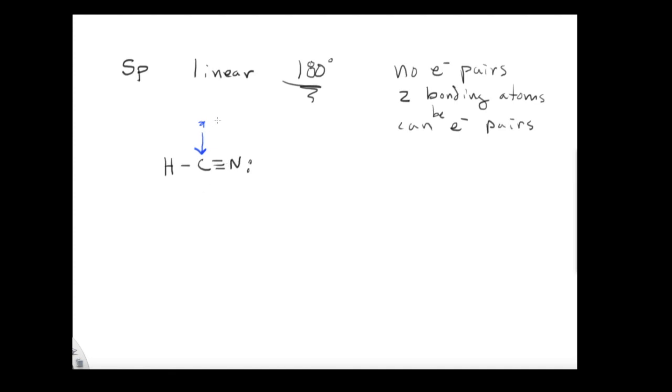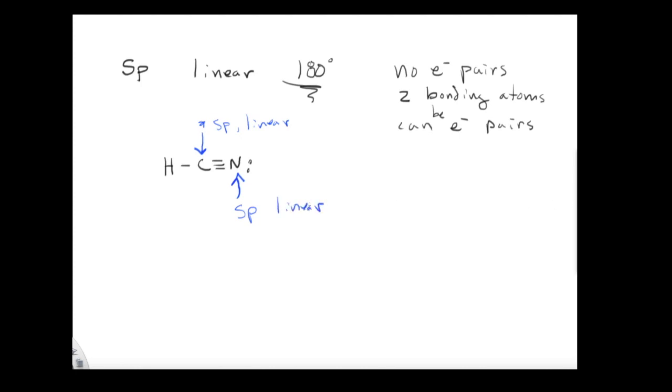So this is sp hybridized, it's also linear. However, if we look at the nitrogen instead, you can see that it has an unshared pair of electrons and then one bonding unit. So it still only has a total of two bonding units. We subtract one, this is still sp and linear.